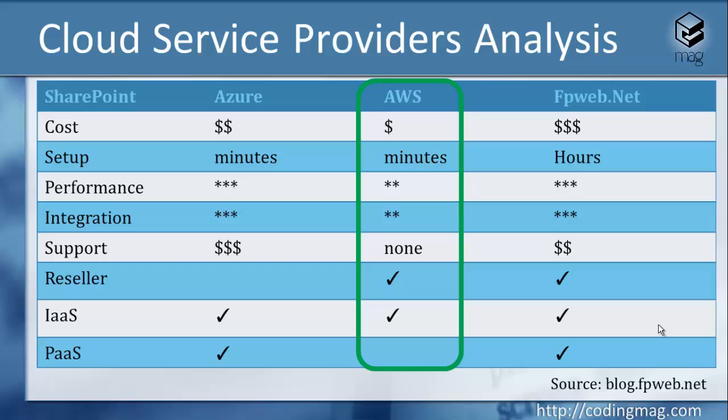I haven't tried it personally, but it may be true that we get as far as we pay. It has no built-in support. It just provides VMs for you, and you will provide support yourself. It has a reseller model, which is good for them.